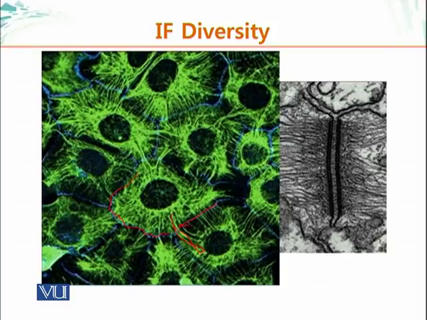Intermediate filaments from one cell terminate at special junctions called desmosomes, which are clear here in the electron micrograph. So these are the intermediate filaments of one cell, and the adjacent cell also forms a complementary desmosome, and the filaments of this cell terminate in this desmosome.